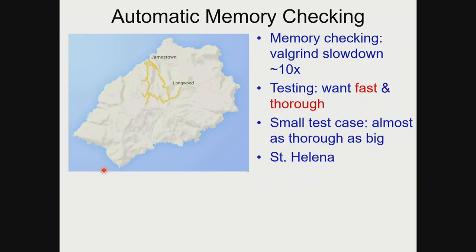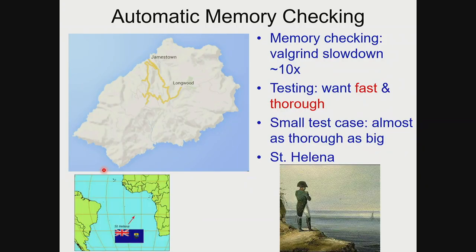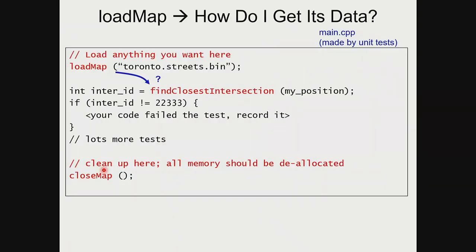Running Valgrind on it, we check whether you are clearing the memory properly or not, and we can do that even with Valgrind because the city is small. Fun fact, this St. Helena is where Napoleon was banished in the later years of his life, after they captured him. Okay.